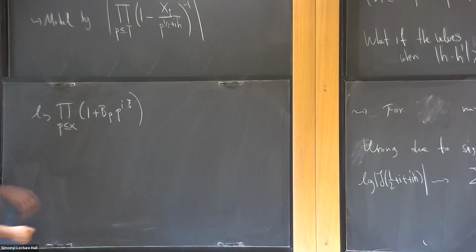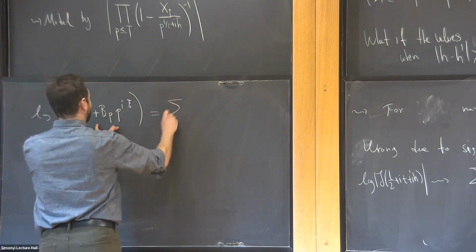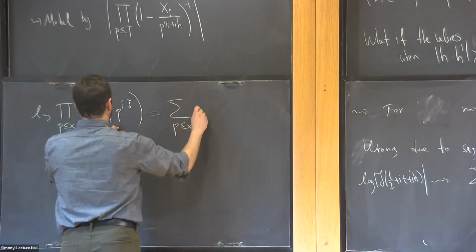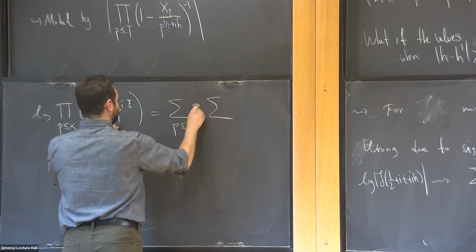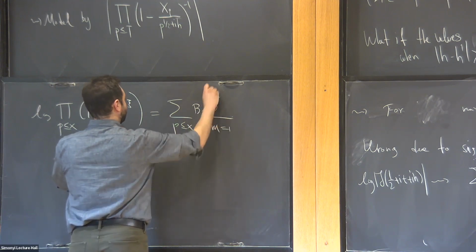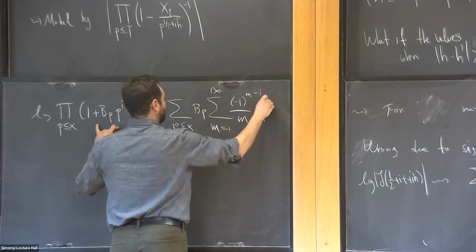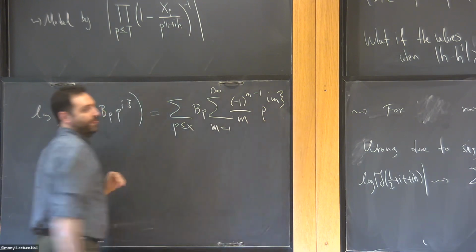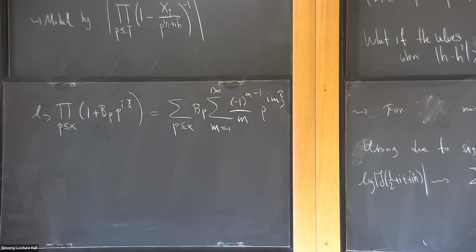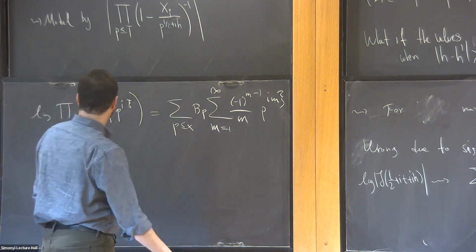Okay, so if I Taylor expand this product, then I get the sum over p of x, and then the sum over m from 1 to infinity of (-1)^(m-1) over m, p to the i m x, if I haven't messed up.